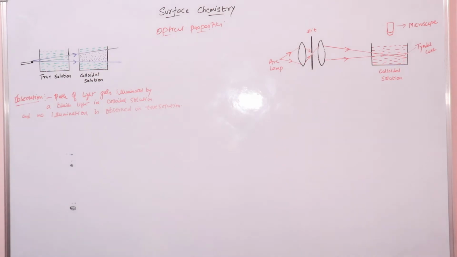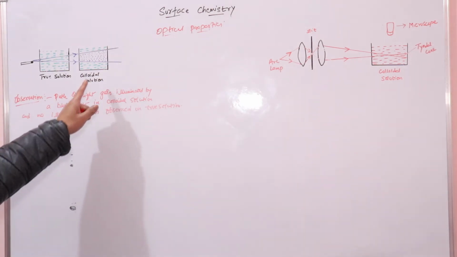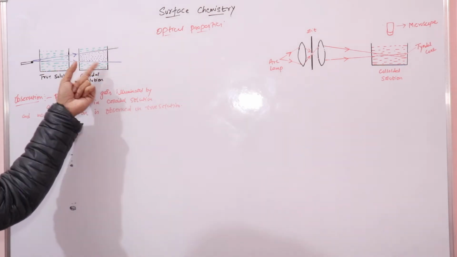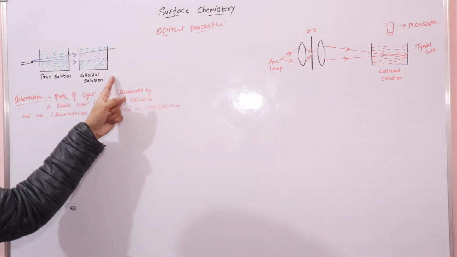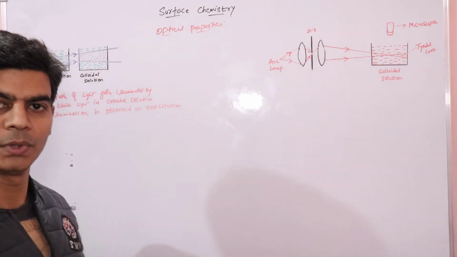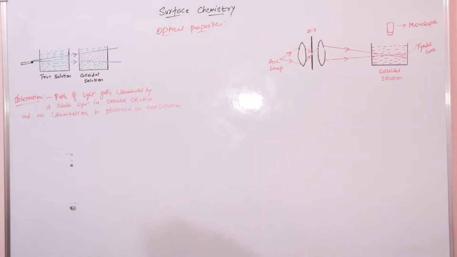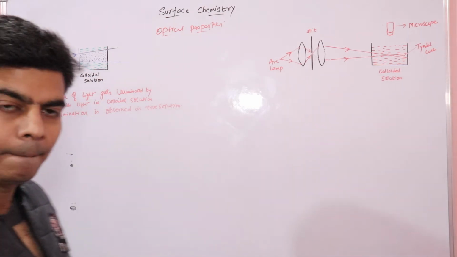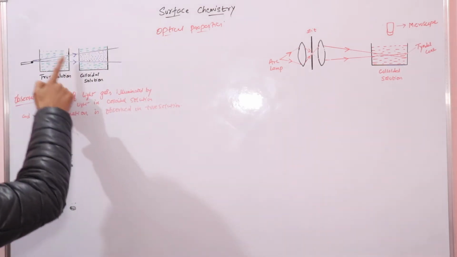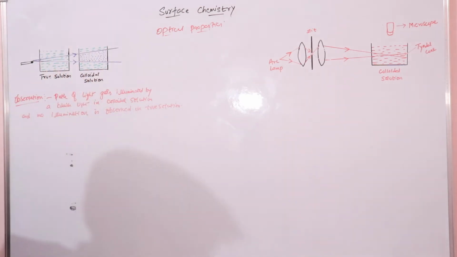Now what could be the reason that the beam of light gets illuminated with a bluish light in the case of the colloidal solution, whereas no light is observed in the case of the true solution? We know one point of difference between a true solution and a colloidal solution is the particle size.